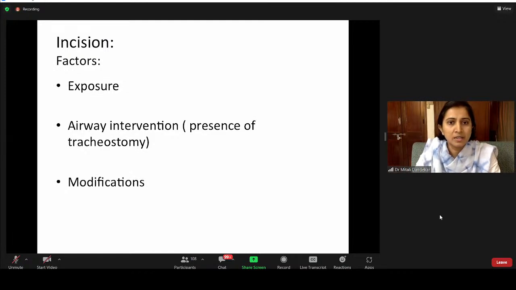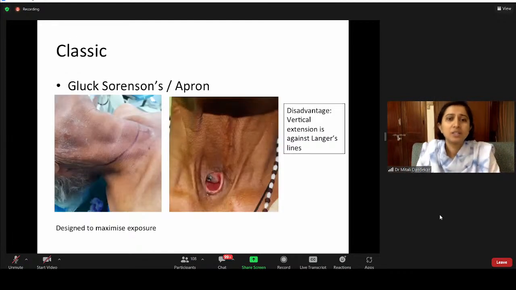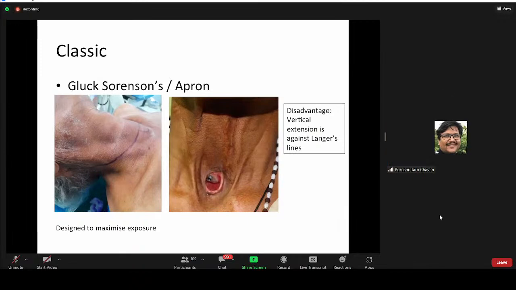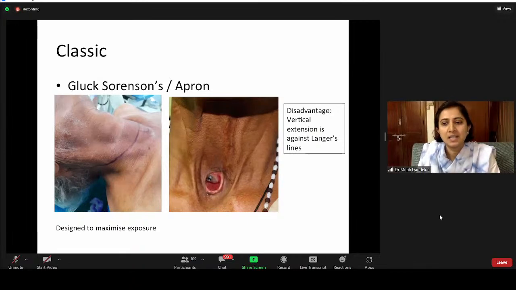The classic incision is described as the apron or the Gluck-Sorensen incision, which extends from mastoid to mastoid, designed ideally to maximize exposure. However, the vertical limb of this incision is against Langer's lines and may result in an unsightly scar or fibrosis.